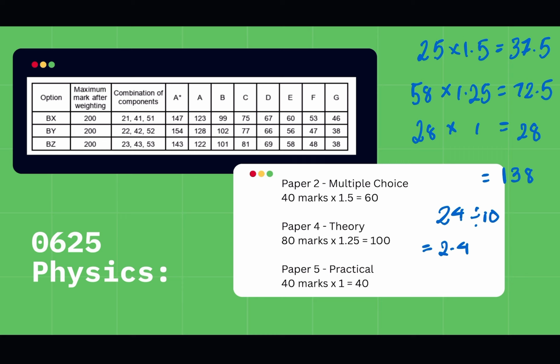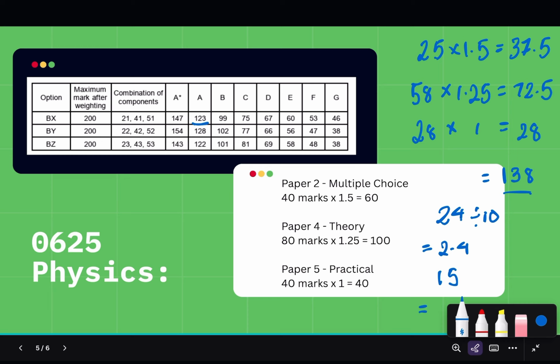Okay, so you have 138 and you're going to subtract 123. You subtract it because it's the closest A. So you get 15, right? And the 15, that's 15 marks. So to get the percentage, you're going to divide by the 2.4 that we found. And that gives us 6.25.